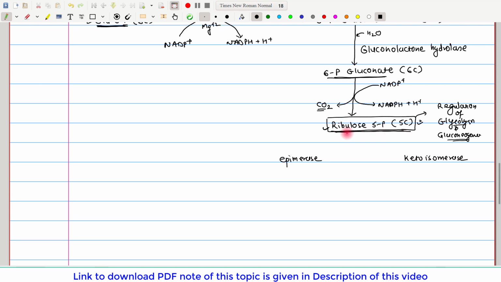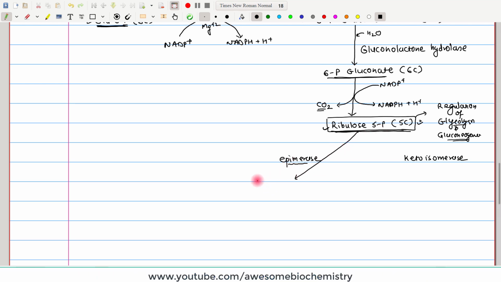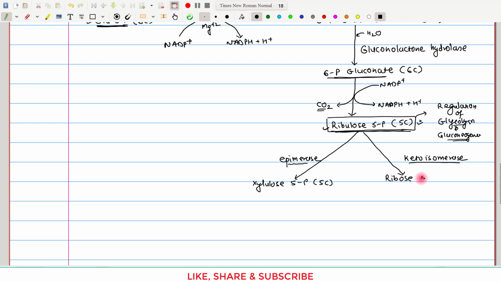So if ribulose 5-phosphate is acted upon by the epimerase enzyme, then ribulose 5-phosphate is converted to its epimer, that is xylulose 5-phosphate. And again, this is also a 5-carbon compound. If ketoisomerase acts on ribulose 5-phosphate, then it undergoes aldoketoisomerization to give rise to ribose 5-phosphate.